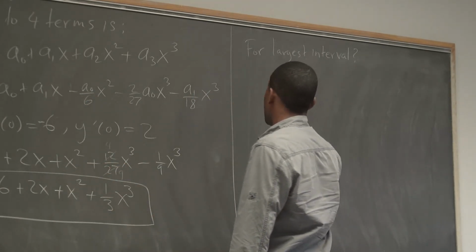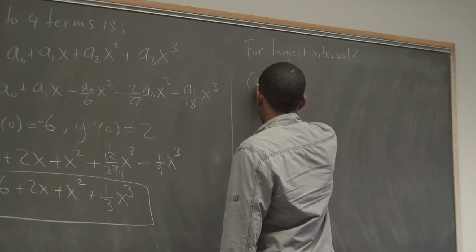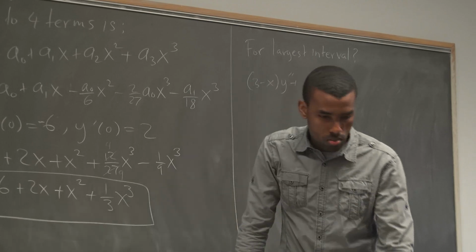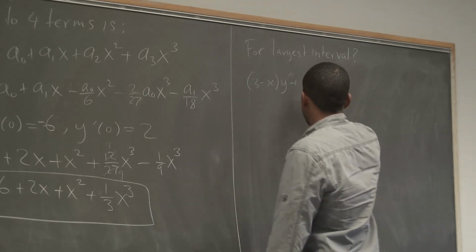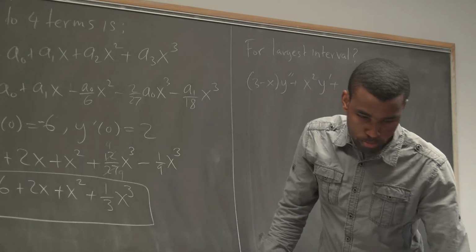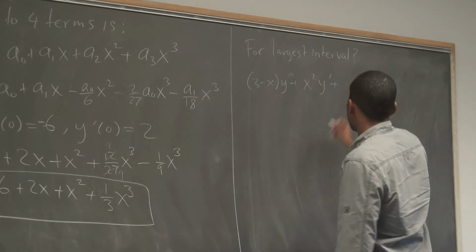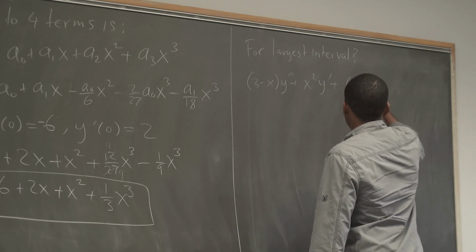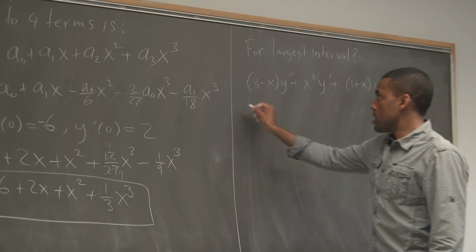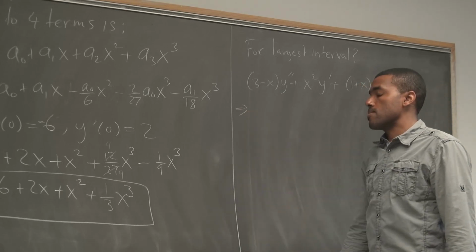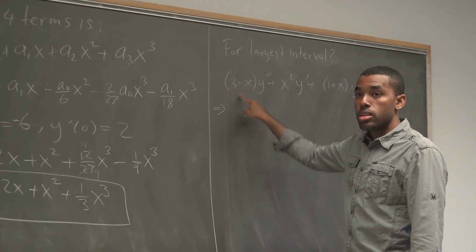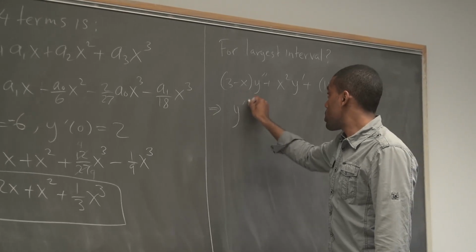So the largest interval, what we can do is remember what this was. We did this a while back. How do we find the largest interval? We put this in standard form, remember?